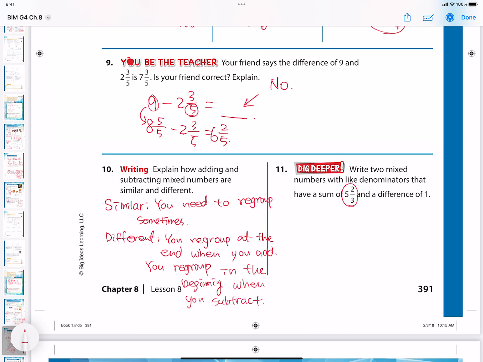I'm going to say an easier way first: 3 and 1 over 3 plus 2 and 1 over 3. That makes 5 and 2 over 3.